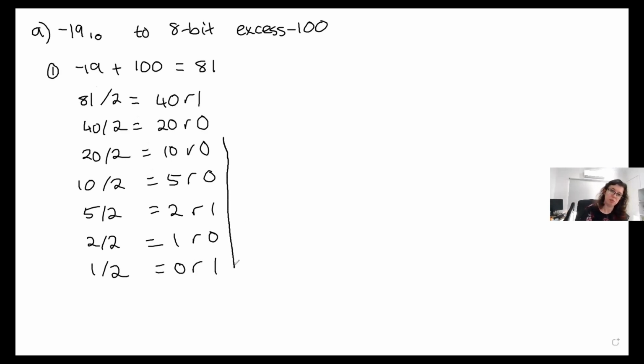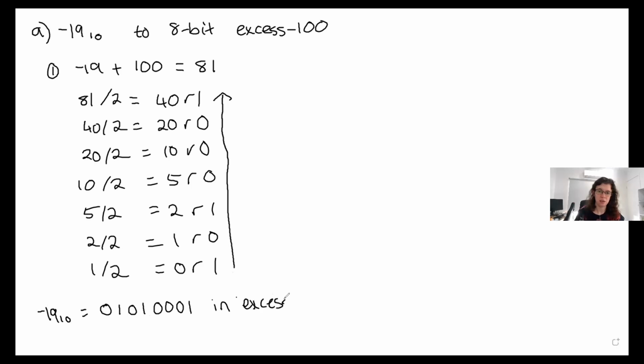Reading from bottom to top, we actually only have a 7-bit number there: 1, 0, 1, 0, 0, 0, 1. To make it 8-bit, we just add a 0 out the front. And that's the answer. So -19 base 10 is equal to that in XS 100. So the shift, and then just business as usual.